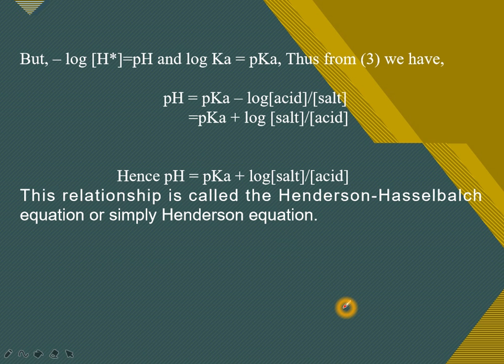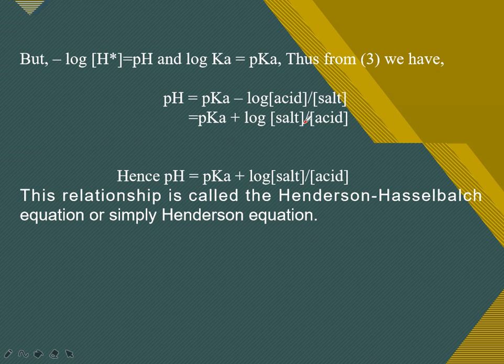We already know the negative log of H+ is called pH and the negative log of Ka is called pKa. By substituting this in the previous equation, we get pH is equal to pKa minus log of the concentration of acid divided by the concentration of salt, which can be written as pH is equal to pKa plus log vice versa, that is salt divided by acid, because we are changing the negative sign.